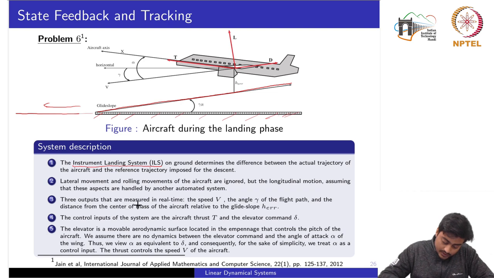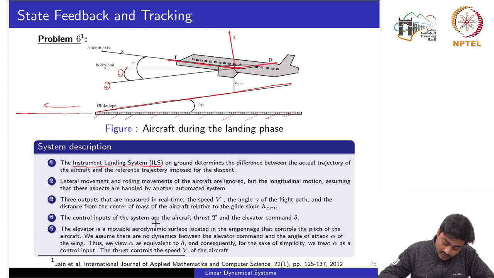So the three outputs that we measure in real time are the speed v of the aircraft along this glide slope, the angle of attack gamma of the flight path from the horizontal axis. So this one is the angle of attack, and the distance from the center of mass of the aircraft relative to the glide slope. So this h error. Okay.